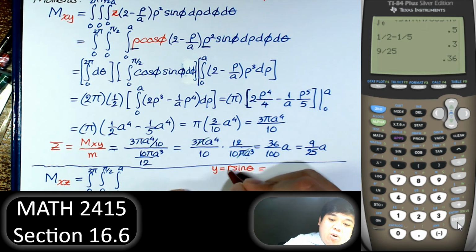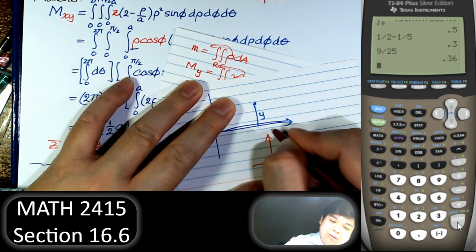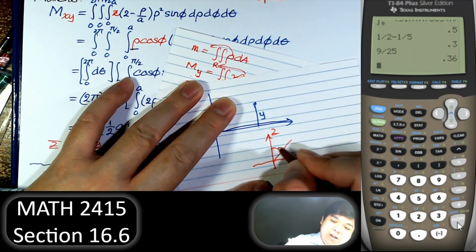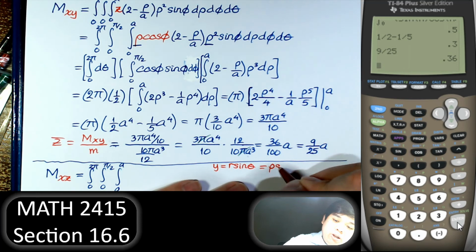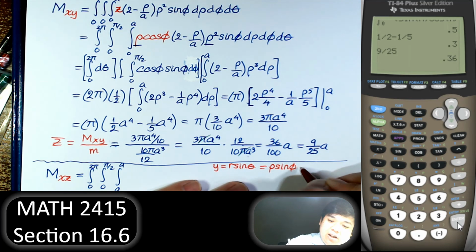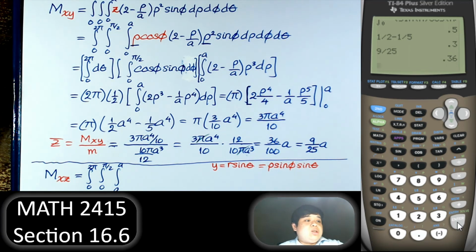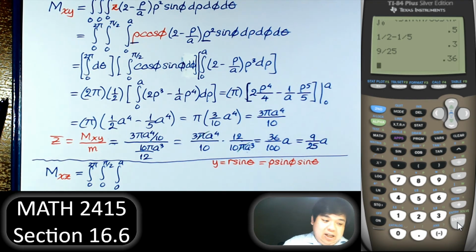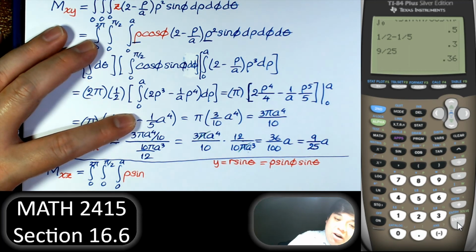But in spherical, r is the projection onto the xy plane, and the angle phi is here. So r is opposite to the angle, so it's going to be rho sine phi sine theta. So that is what y is, and we're going to put that in here. That looks very complicated, right?